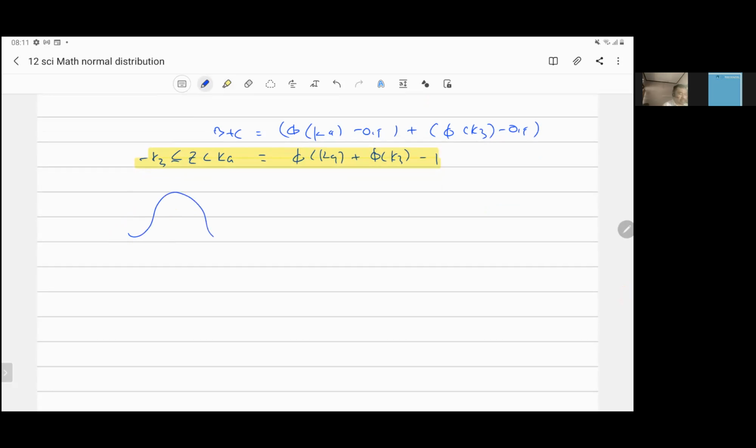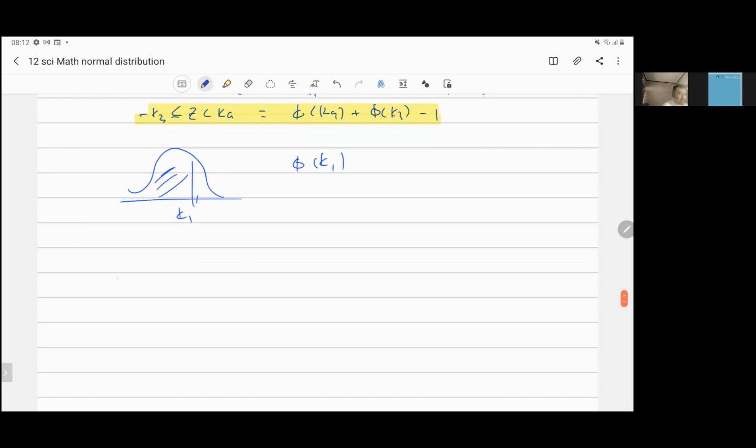Okay, if you want to have them here, this part, so phi of K1, that's simple. If you want to have them above K1, sorry, just phi K. I'm going to call K1 or K2 just K. We have only one value.